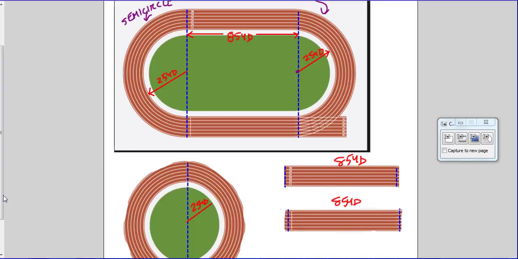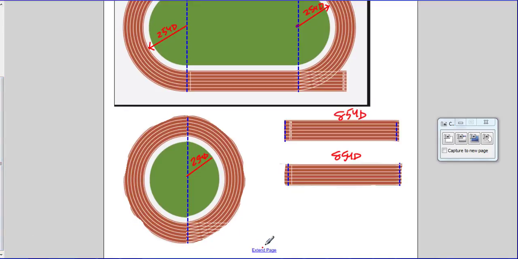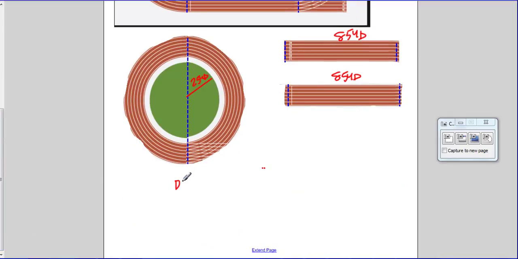So the length of one lap, or the distance of one lap, is going to be the circumference plus two straightaways.